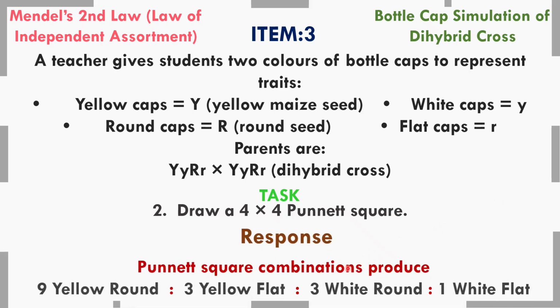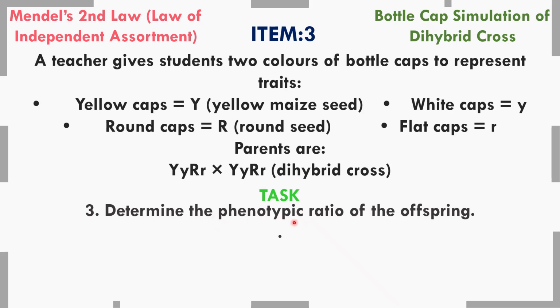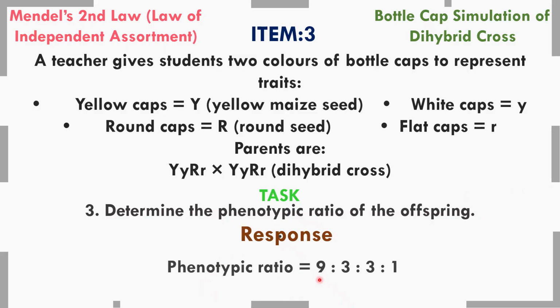The Punnett square combination produces 9 yellow round, 3 yellow flat, 3 white round, and 1 white flat. Determine the phenotypic ratio of the offspring. Phenotypic ratio is 9:3:3:1.